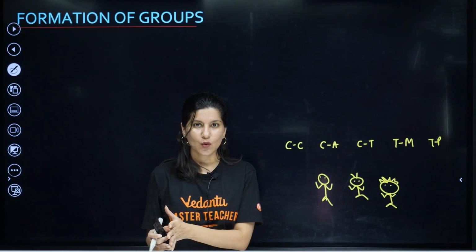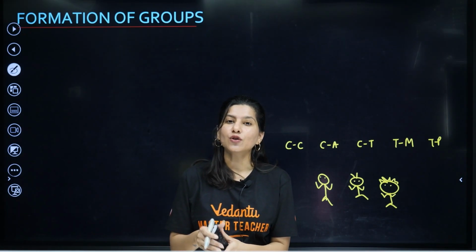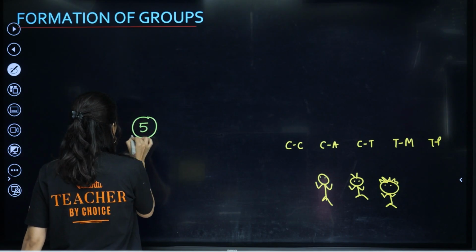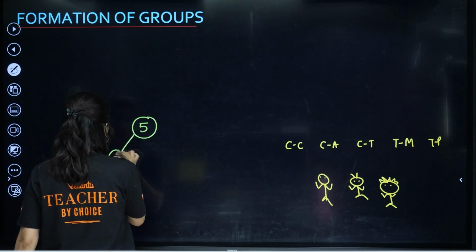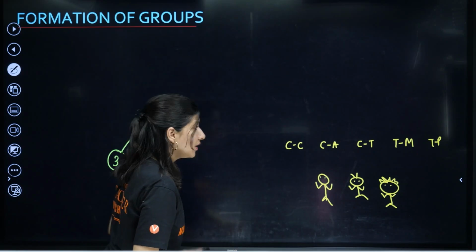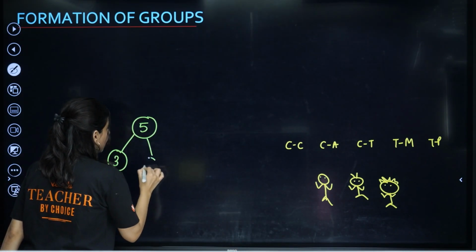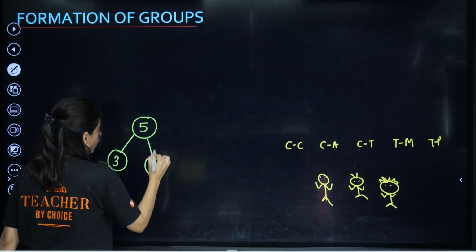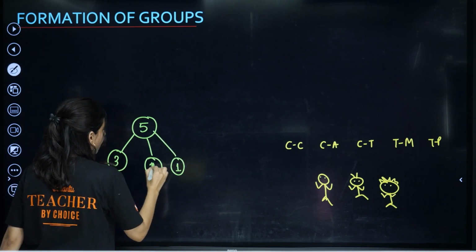First of all, I need to make sure that I distribute the 5 objects in such a way that one student, maybe my favorite student, gets 3 books, then the second one gets 1 book, and the third gets 1.